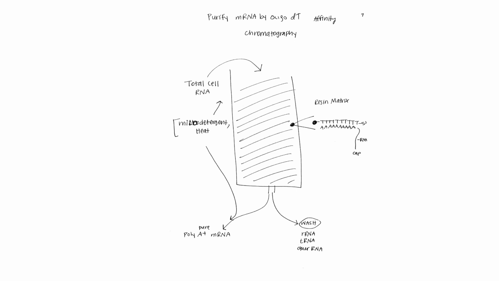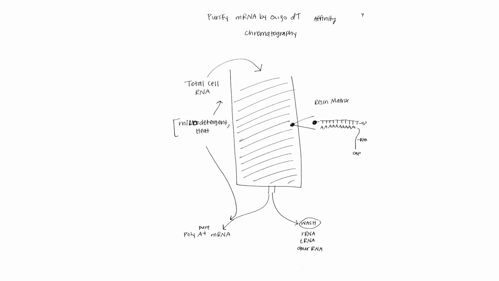This is a similar principle to the chromatography that we used a couple days ago to purify the DNA binding proteins. It's very analogous, but it's oligo-dT. Oligo-dT means it's an oligomer, a length of thymidine residues, basically a DNA run of T's.